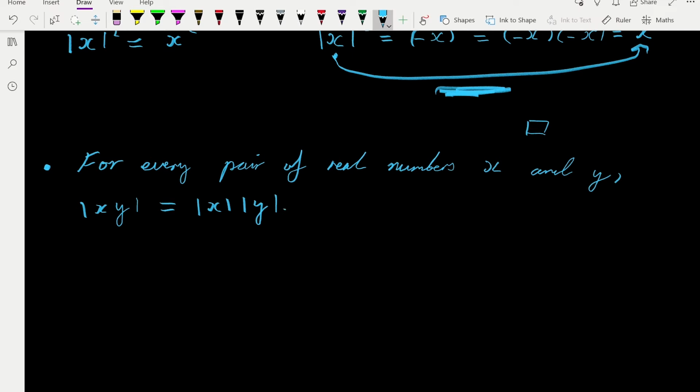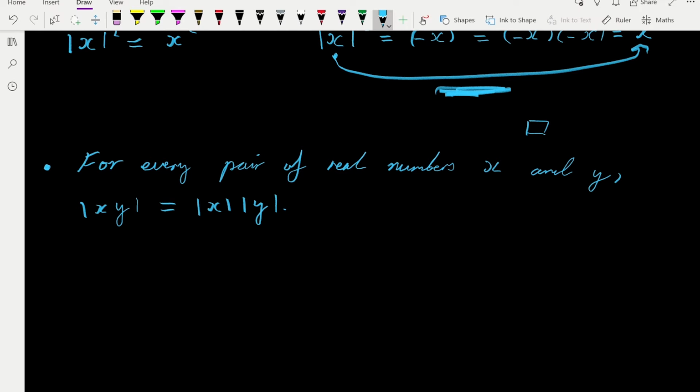And there's going to be, well, kind of 4 cases, but really we only have to worry about 3. So the first case would be, x and y are both greater than or equal to 0. The second case would be both of them are strictly less than 0. Okay, the third case would be x is greater than or equal to 0 and y is less than 0. And the fourth case would just be the third case the other way around.